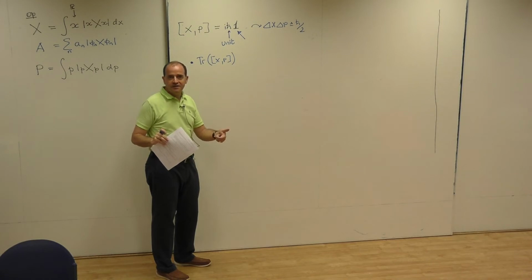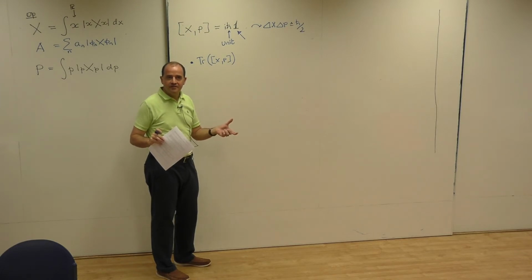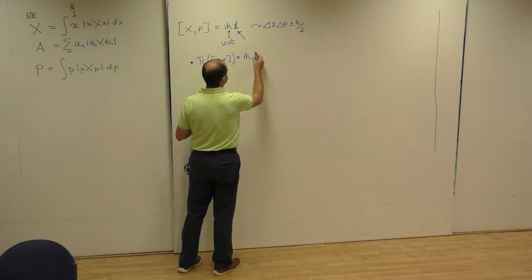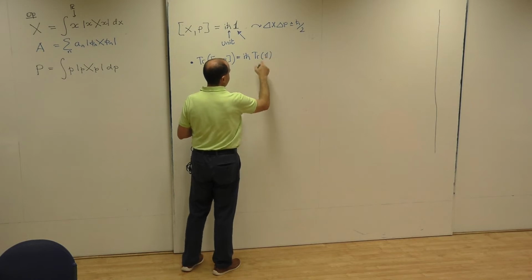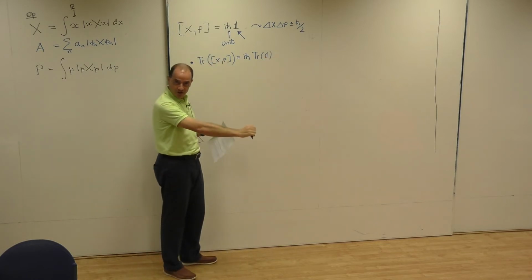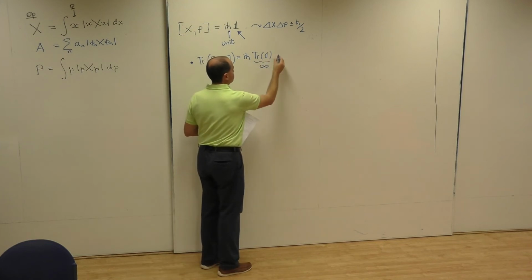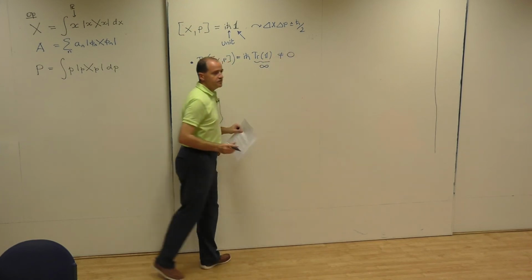However, when the trace of xp is infinity and the trace of px is infinity, these two infinities need not be equal. And in fact, the trace of this is i h bar times the trace of the identity, and we are tracing the identity of an infinite dimensional Hilbert space. So this is infinity, certainly different from 0.